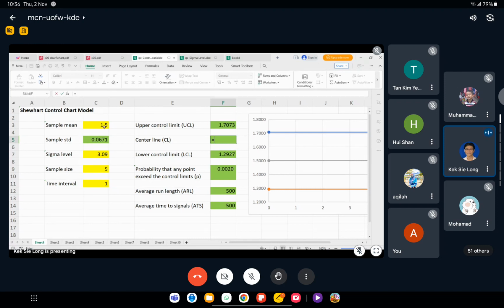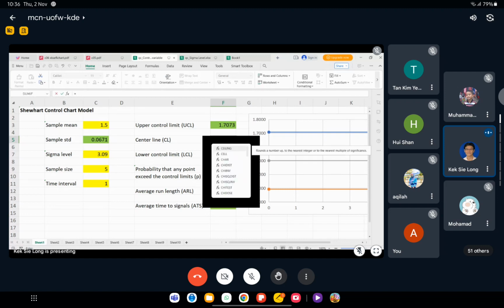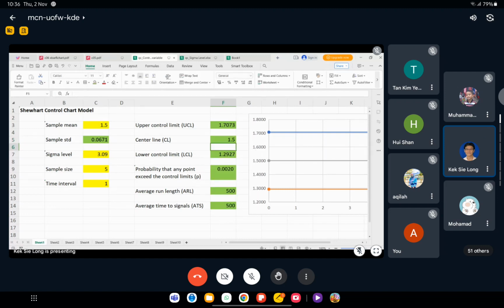If you don't want to click, you can type the position. The center line is located at C3, right? Column C and line 3. So we can simply type equal followed by C3. So this is to read the value.